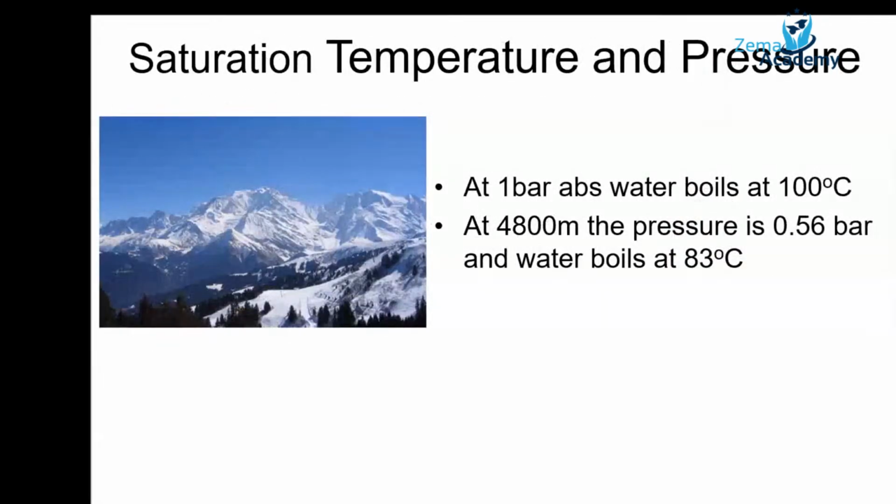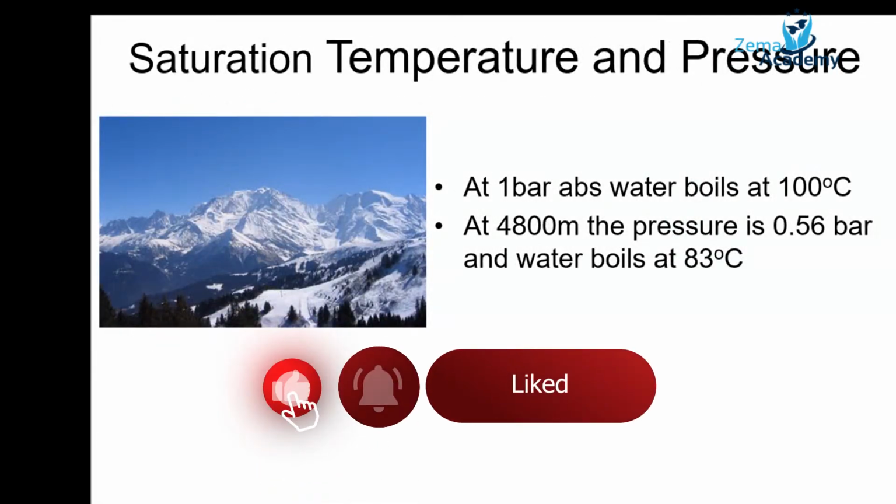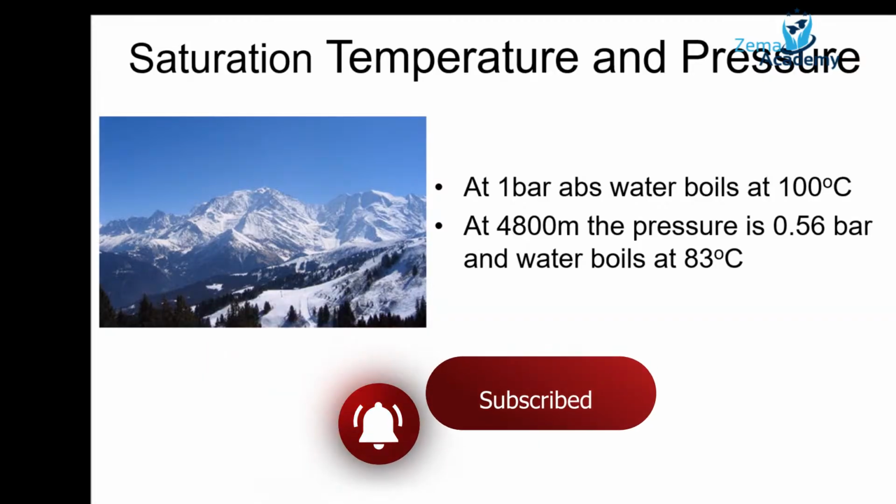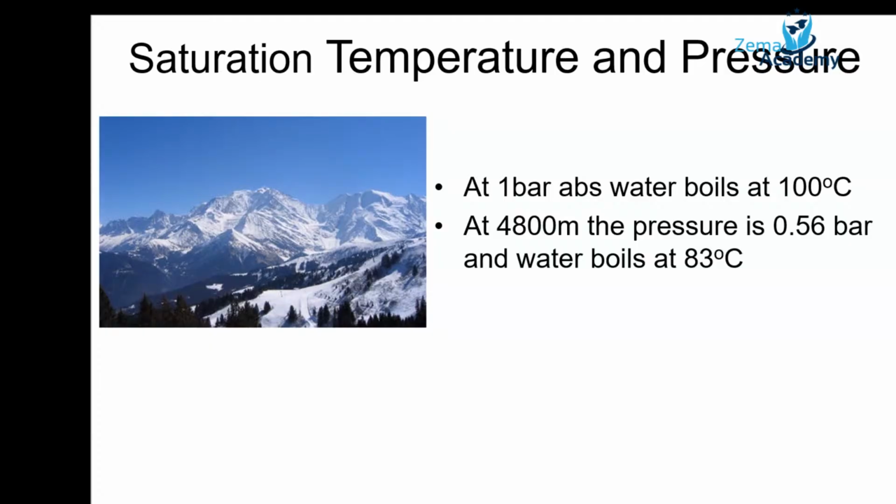For instance, if you take water and try to boil it at, let's say, 4,800 meters, at a pressure of 0.56 bar, the water boils at 83 degrees C. So as you can see, not 100, the one that we always say, depending on the pressure, water can also boil at 83 degrees C. So what I wanted to highlight here is the relationship between pressure and temperature, and that is critical in any refrigeration systems that we will look at.